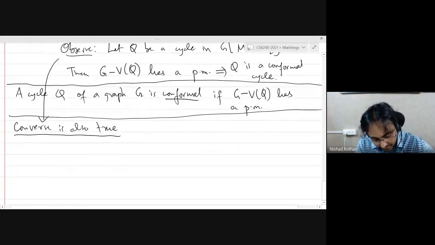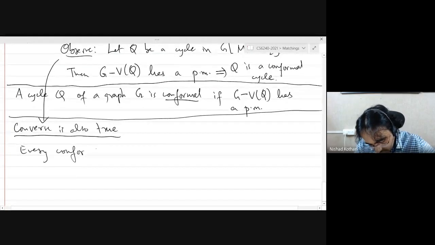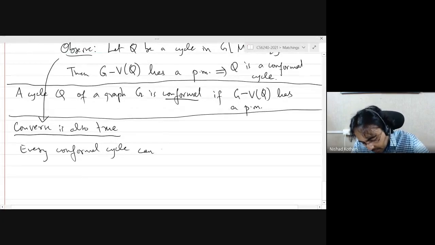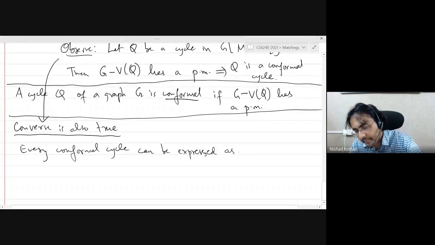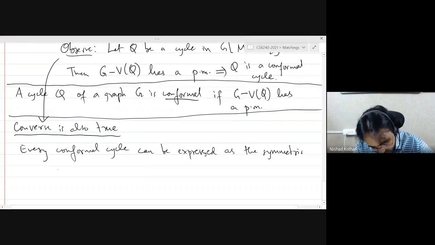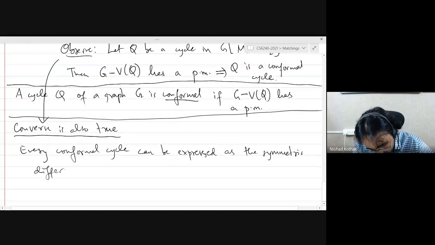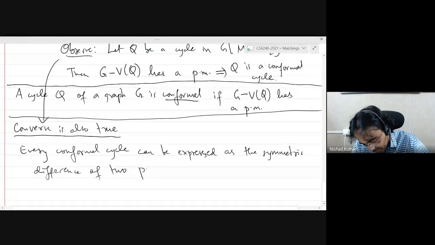So what I mean by that is every conformal cycle can be expressed as the symmetric difference of two perfect matchings.